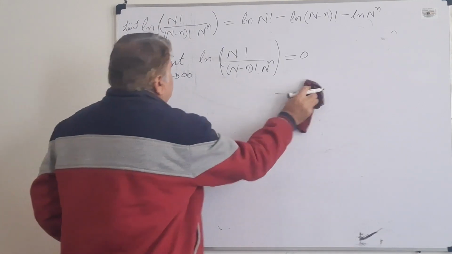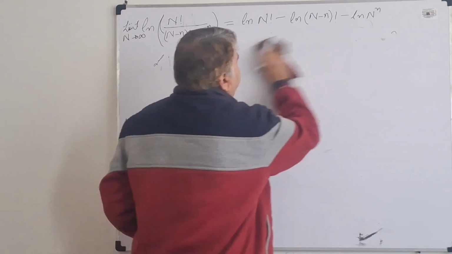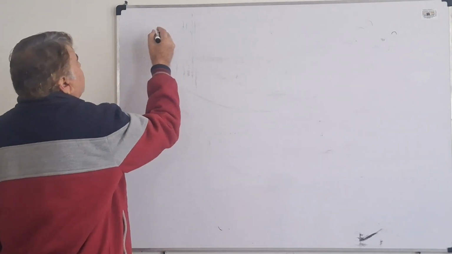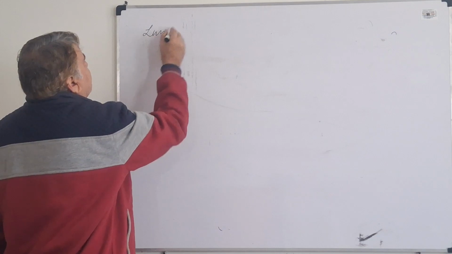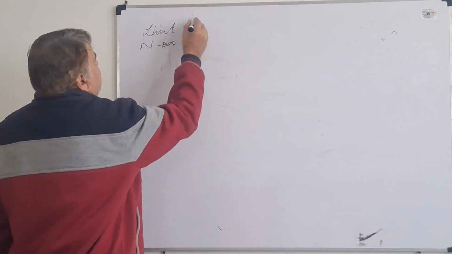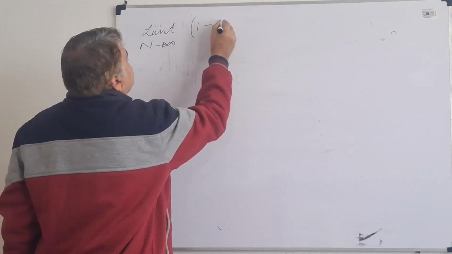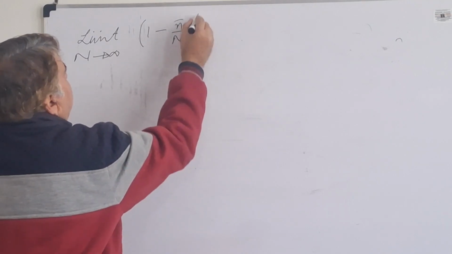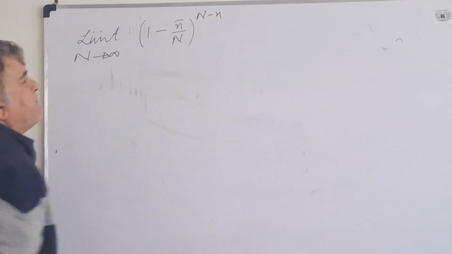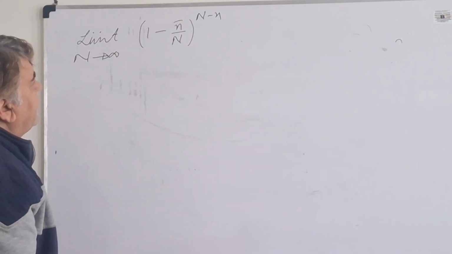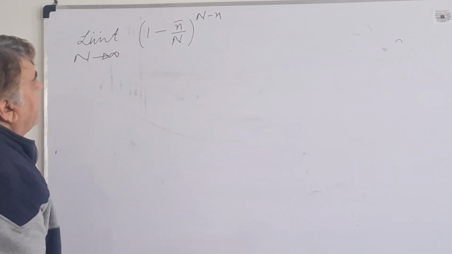So I just remove this, and now I want to evaluate the third factor in equation 4. And the third factor in equation 4 is this thing, limit N tends to infinity of 1 minus n over capital N, power N minus n. And I can simplify this thing by using binomial expansion or binomial theorem.